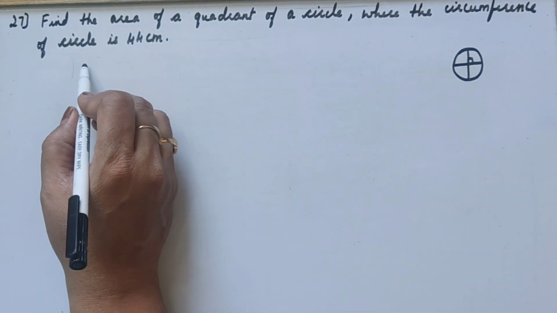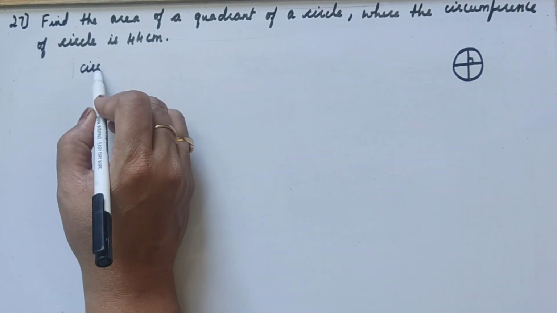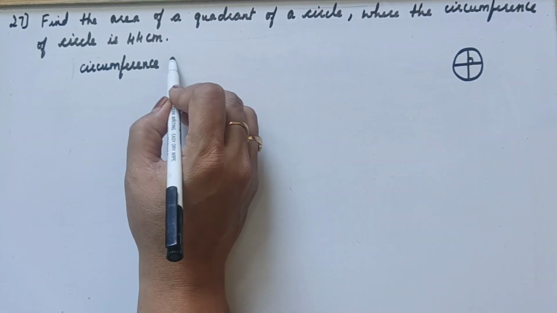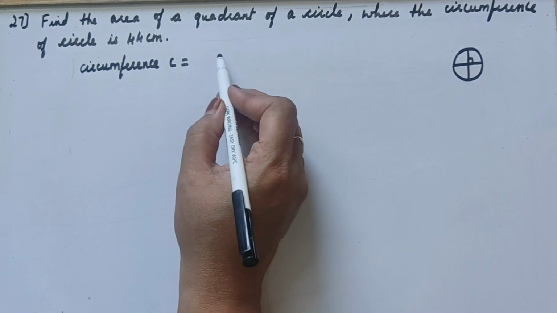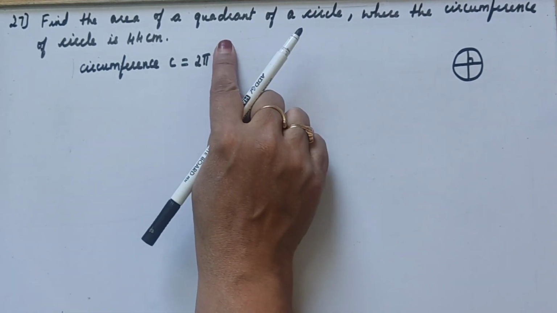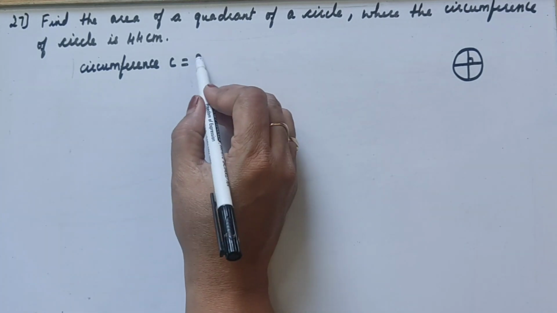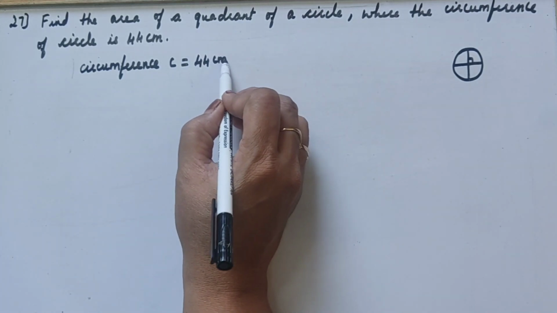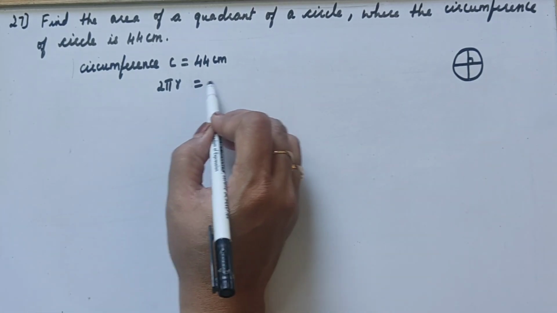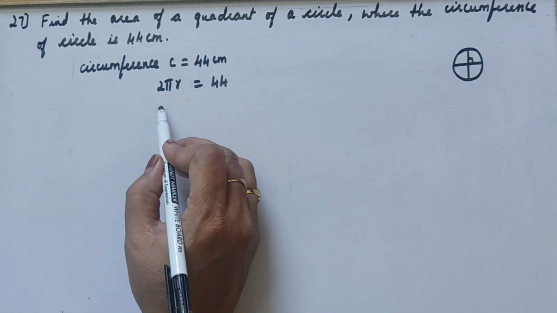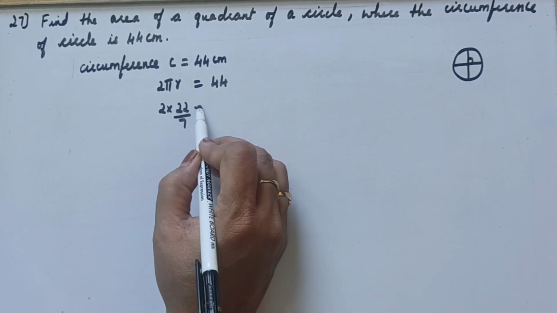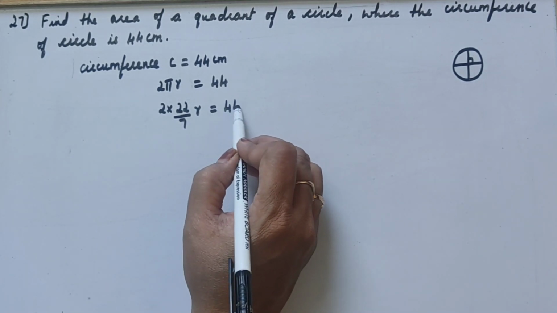Okay, circumference C equals 2 pi r. So I can write circumference equals 44 centimeter. Circumference is nothing but 2 pi r equals 44. Now 2 into pi value, 22 by 7, into radius equals 44.